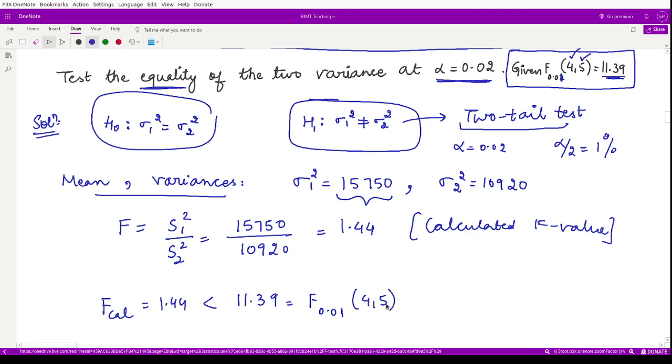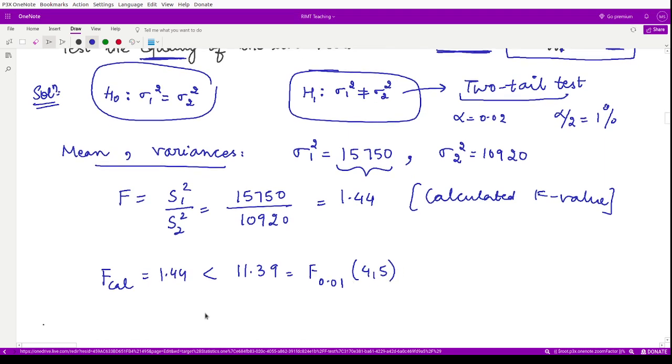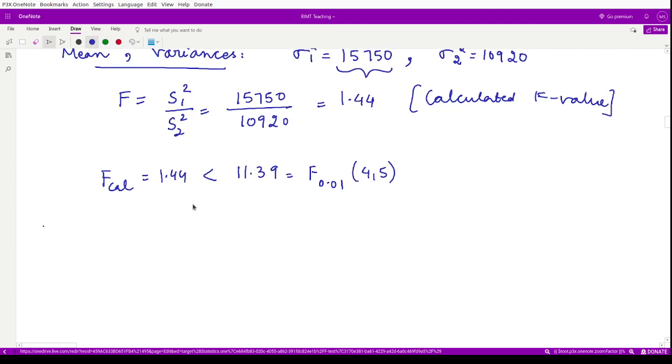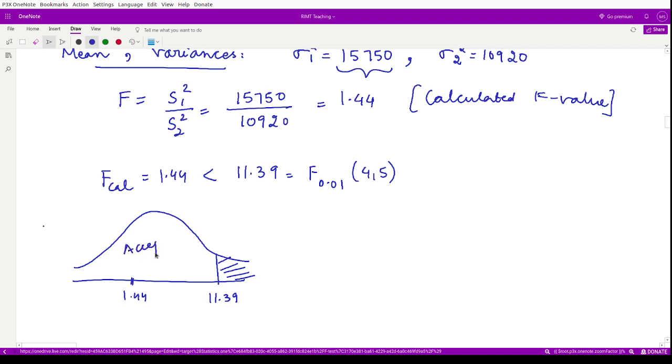Therefore we do not reject the null hypothesis, because according to the condition it should be greater than this. So your tabulated value is somewhere here, 11.39, and here your value is 1.44. That means in this case it is lying in the acceptance region.